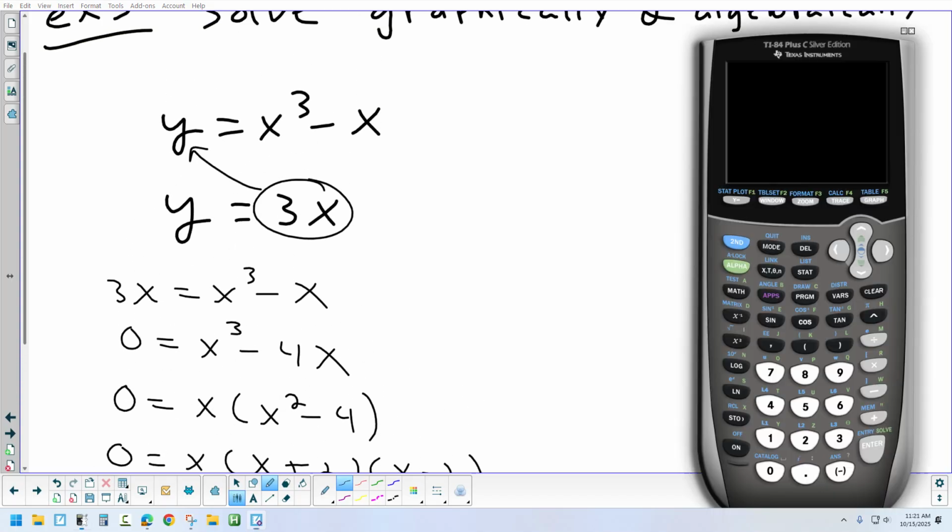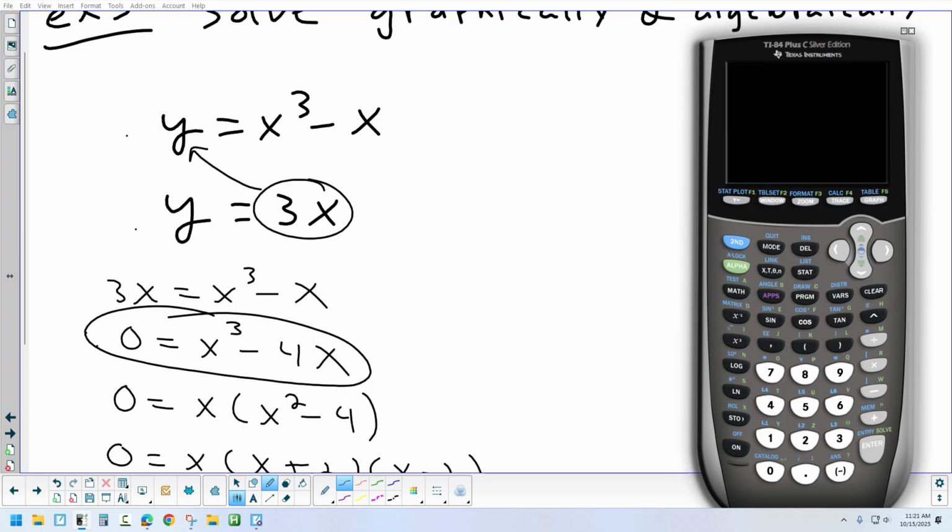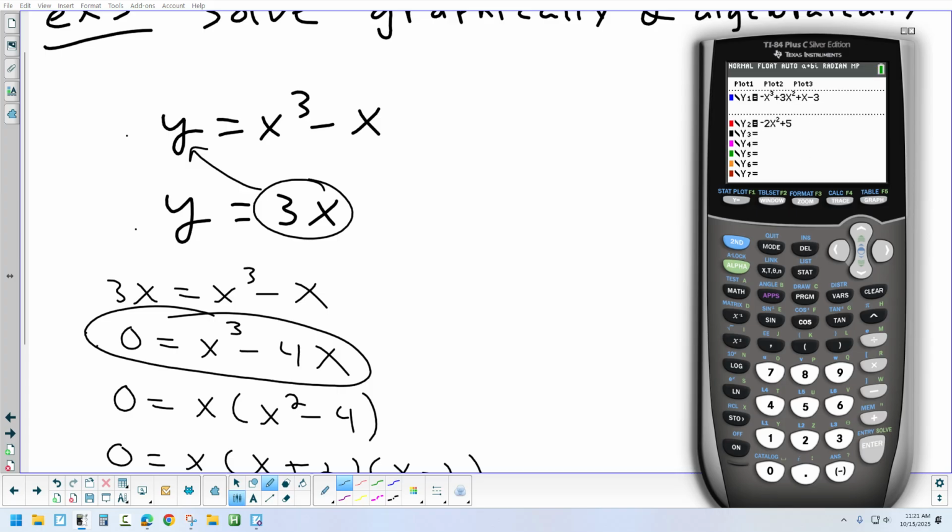If you wanted to do it graphically, there's two ways. You can either, once you get it equal to 0, graph that and see where it crosses the x-axis, or graph y1 and y2, and see where they cross. I'd rather just graph one thing. So I'm going to graph this and see where it crosses the x-axis, because that's where the zeros are.